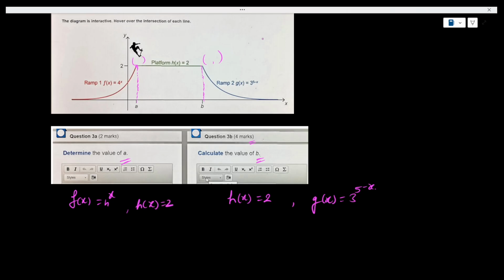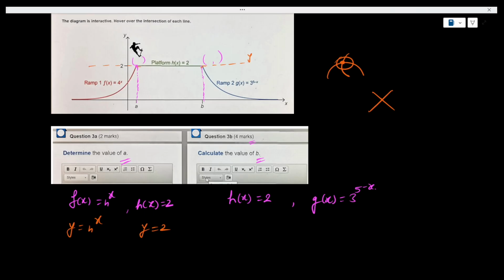Whenever two graphs intersect, any kind of graph, you can equate their equations to get the intersection point. So here, y is equal to 4 to the power x, and y is fixed for the other because this is a horizontal line, parallel to the x-axis.